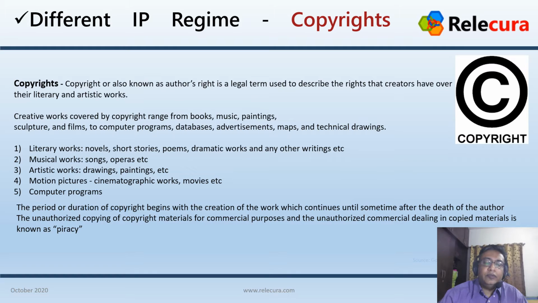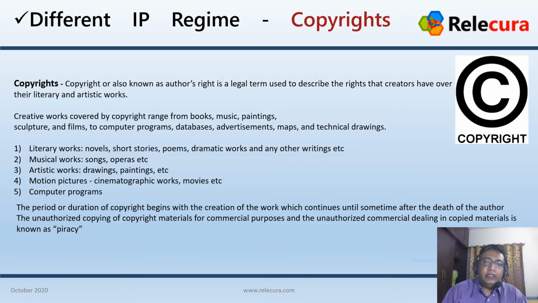Now, songs and music could be in the language form or in the symbols form. Those kinds of work are also protected under copyright. And under artistic work, drawings, paintings, and under motion pictures, movies are protected. Most of the computer programs also come under copyrights.